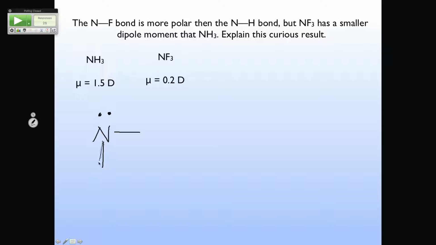Let's see. How about if I do it like that? And I'll draw them both the same. So notice that we have those little NH3 bonds. And then over here we have F's instead of H's. Oops, I did it again. I'll just make this one the wedge.